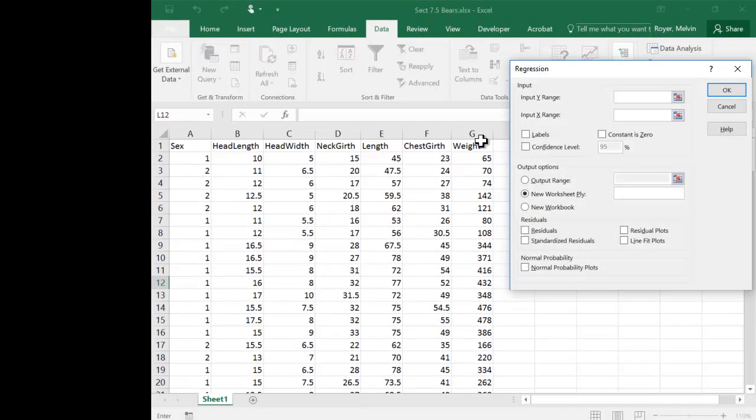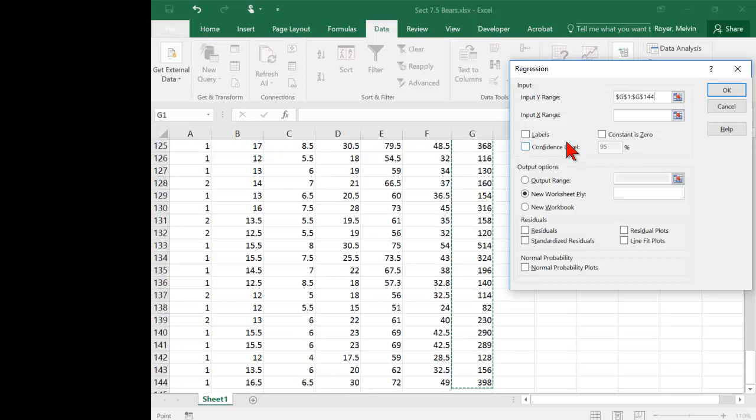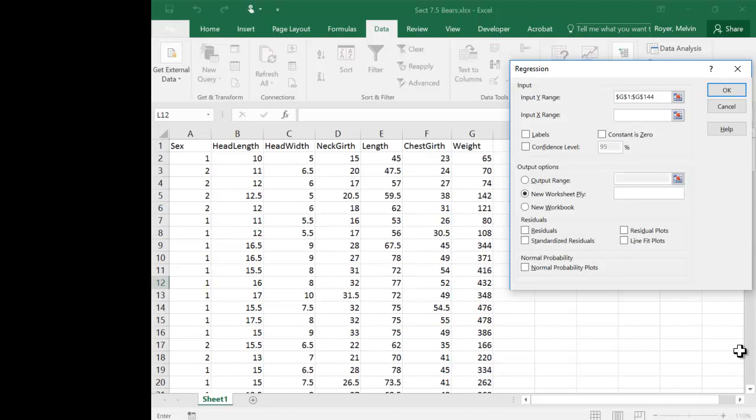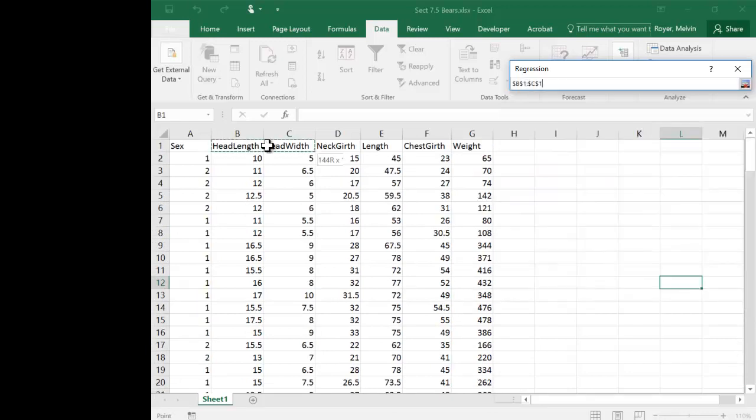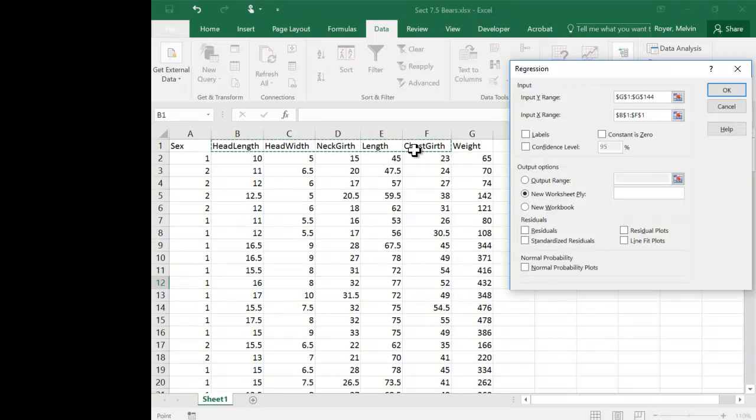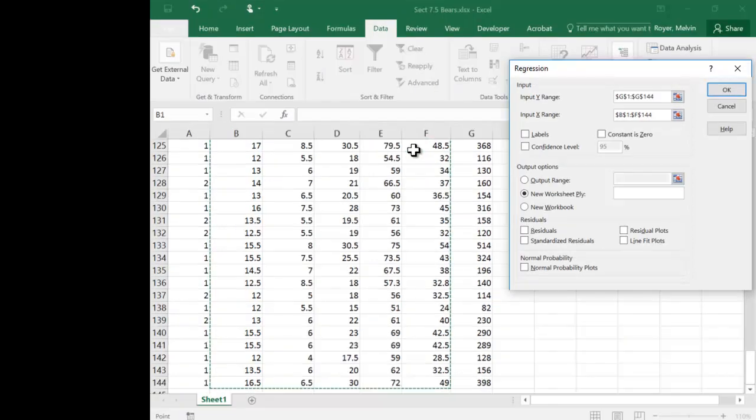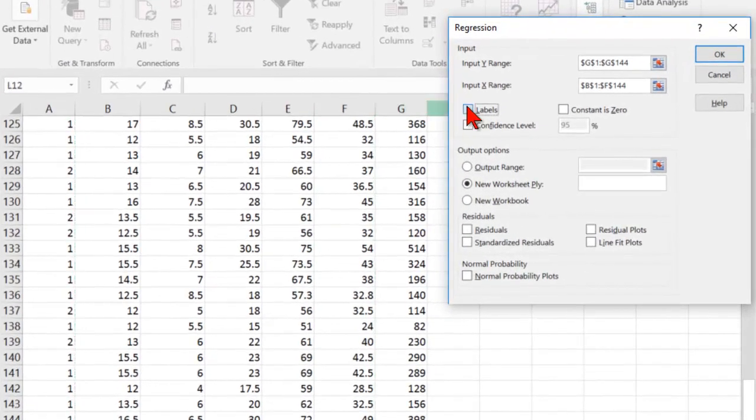For our Y range, that's our dependent variable, weight. For our X range, that will be all of these variables. I include the labels in that, and I'll have Excel put the worksheet in a new tab.